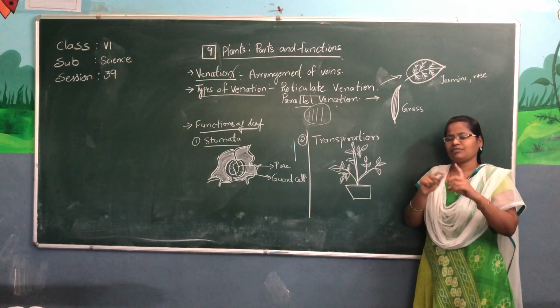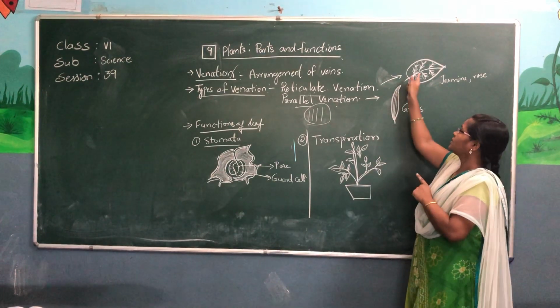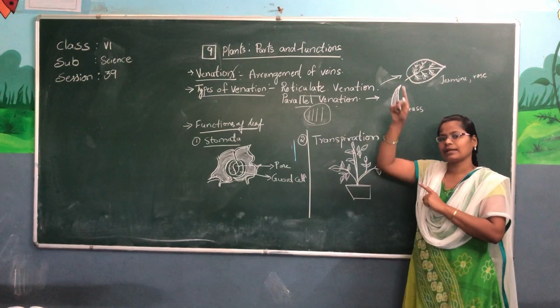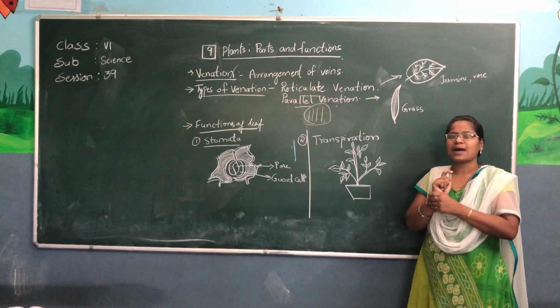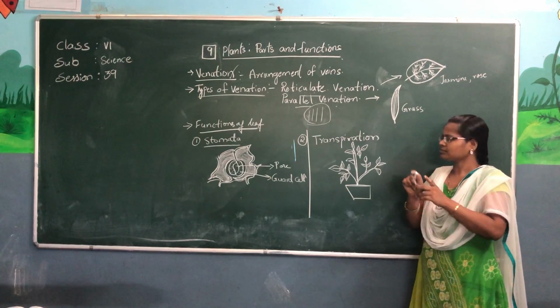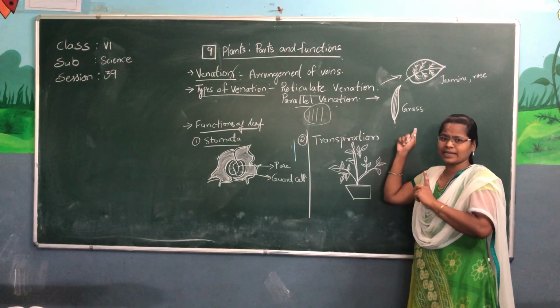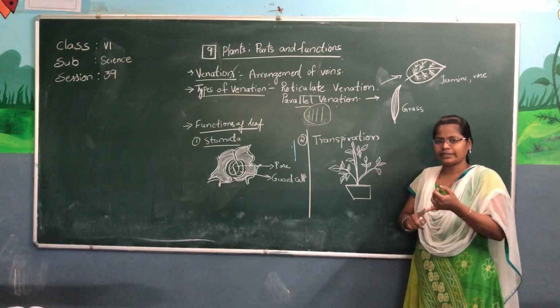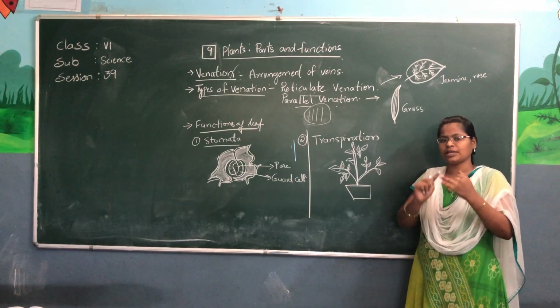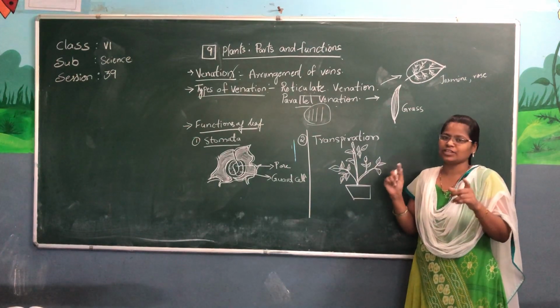Example: grass. If you see grass, you will not see veins like a web. You will see straight lines, many lines. That is parallel venation. Not only grass, many others like wheat and rice are similar. They all have parallel venation.